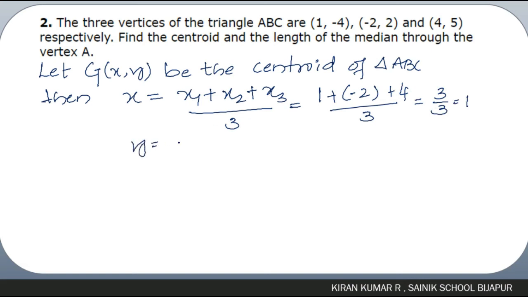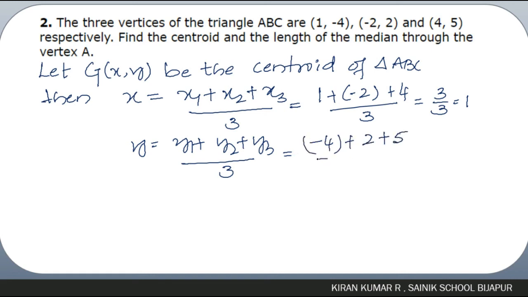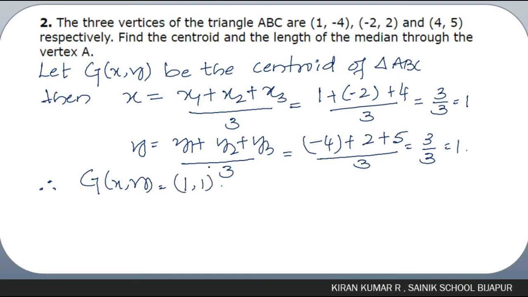And the y coordinate is y1 plus y2 plus y3 by 3. Minus 4 added to positive 2 added to 5 divided by 3, 3 by 3, which is equal to 1. Therefore, the centroid x comma y has coordinate 1 comma 1.